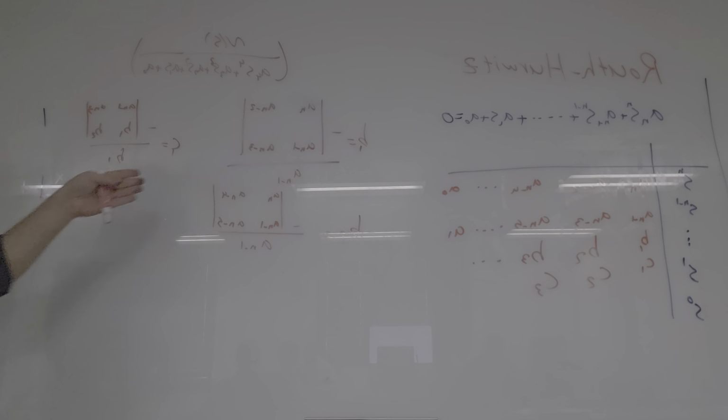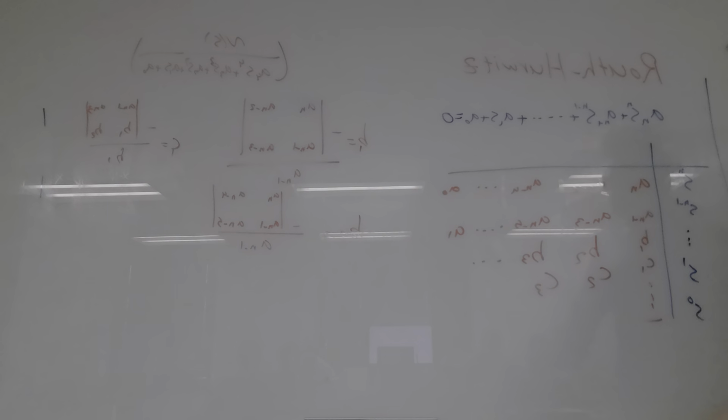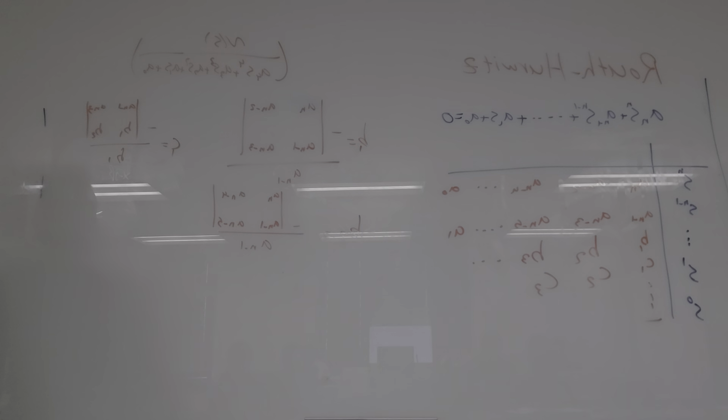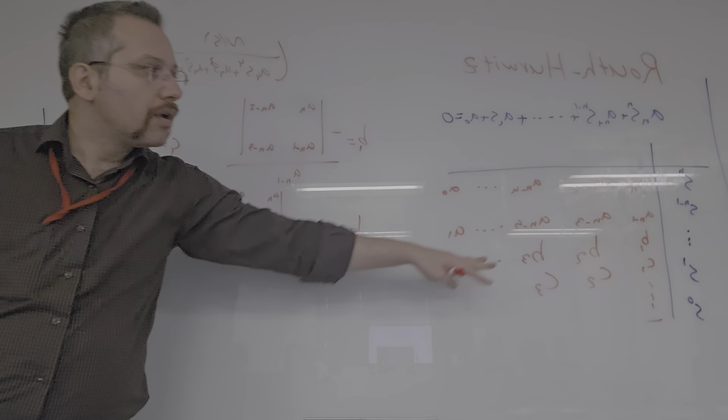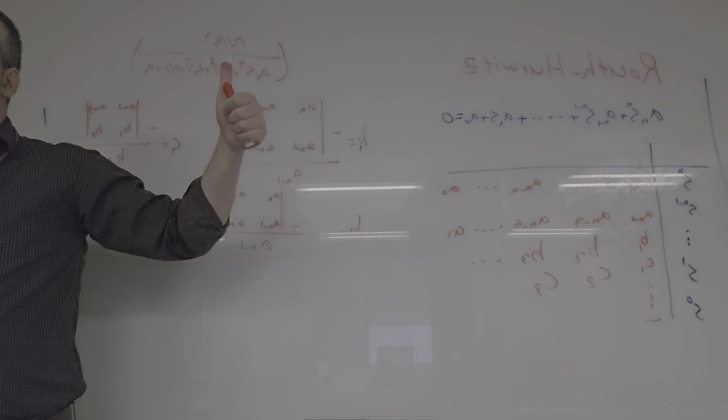And the same trend for C2, C1, and all the way to the last row. So you have to fill out the table in that manner. Are we good? Any question?